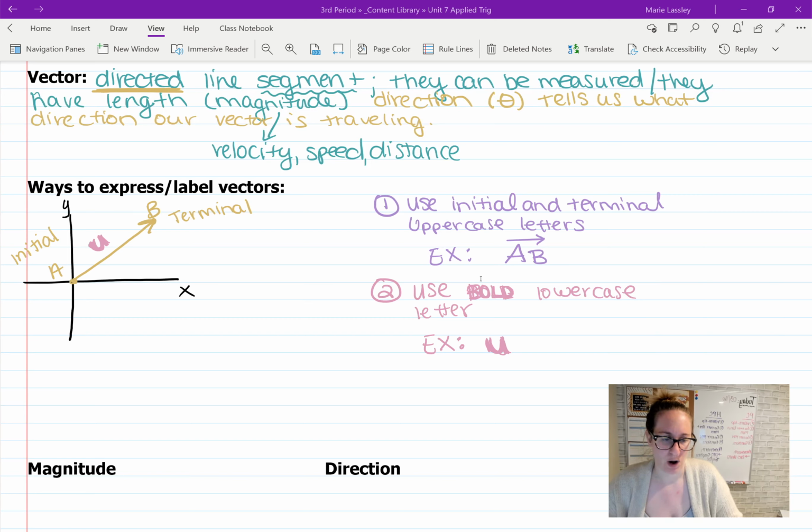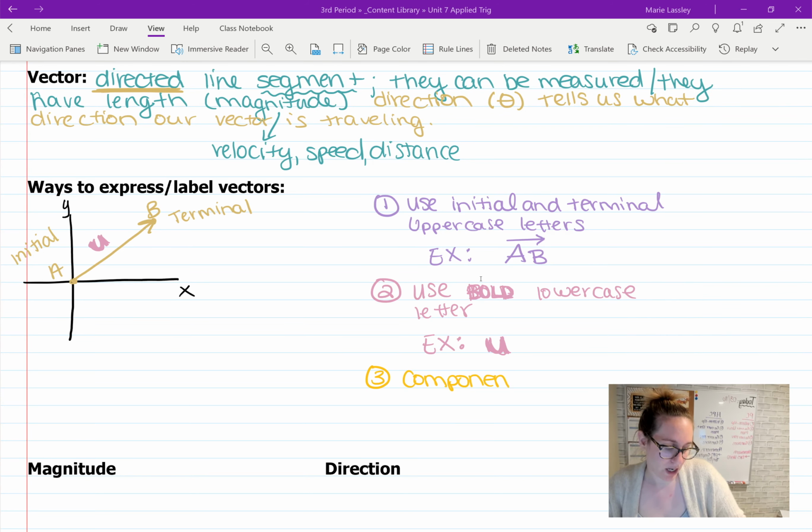I'm not really sure why, but V and W are big ones that you'll see. It doesn't matter though, it could be any letter you want. It just has to be bold and lowercase. But like I said, the most common letters you're going to see are U, V, and W. The third and last method is what we call component form.